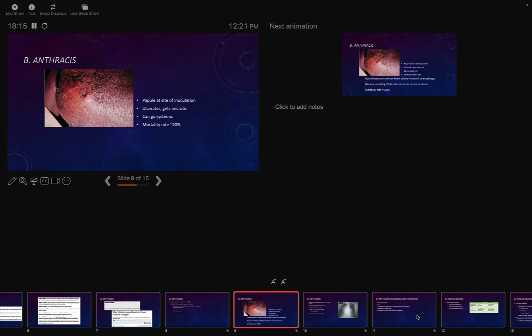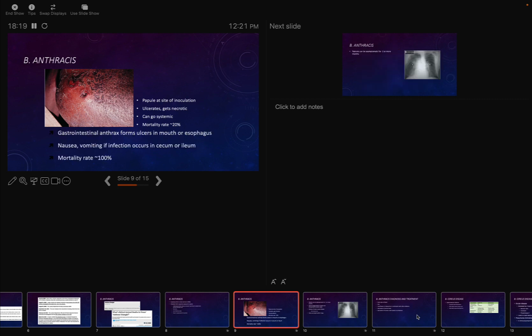So in patients who are treated, it's even lower. Gastrointestinal is going to be one of the least common, but it also can be 100% fatal if left untreated. You'll get the ulcers that form in the mouth, the esophagus. If the spores germinate in the intestines, it can be accompanied by nausea and vomiting. And again, that mortality rate is really high.